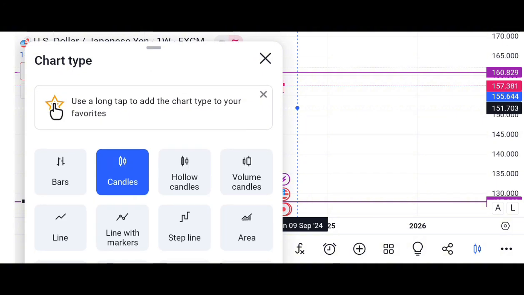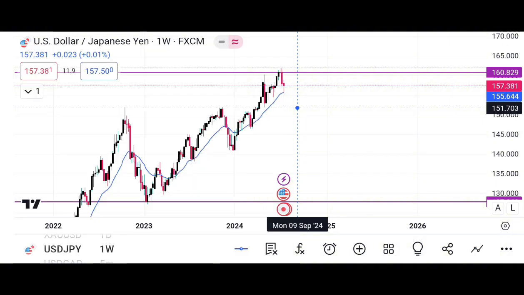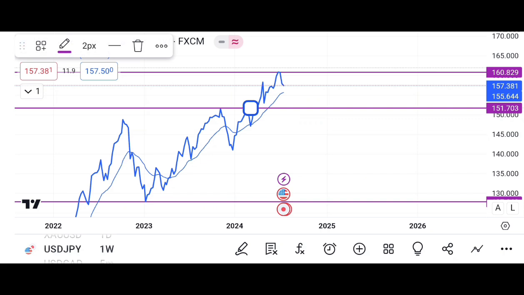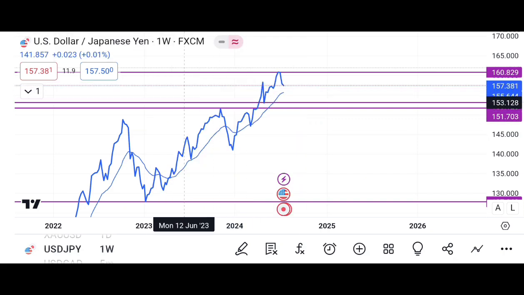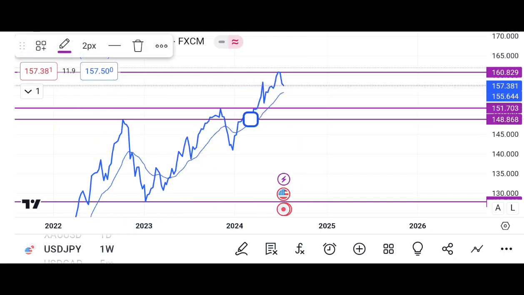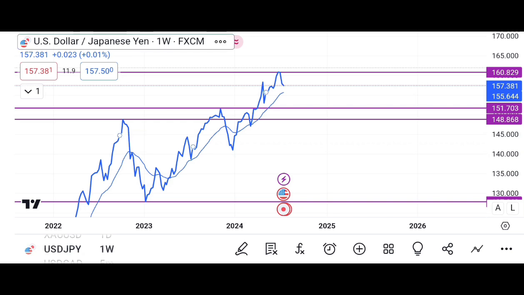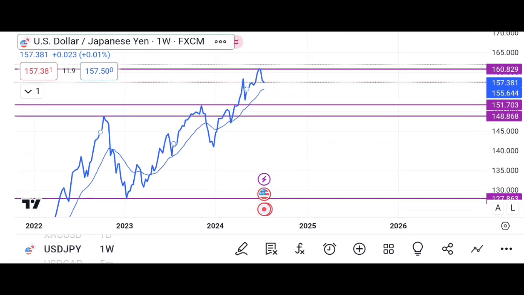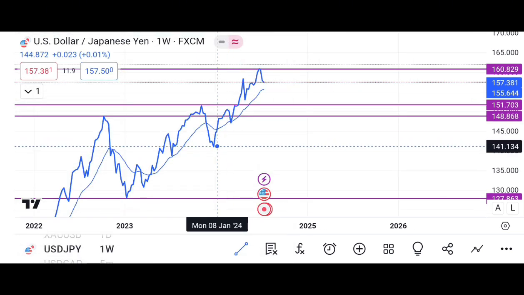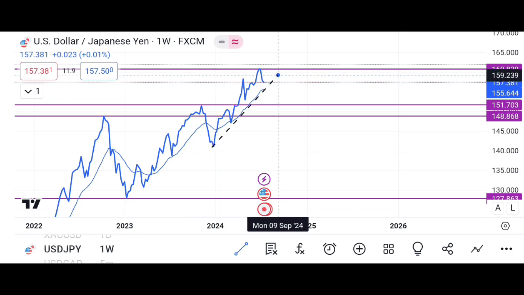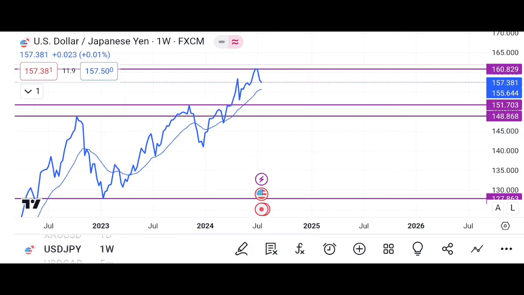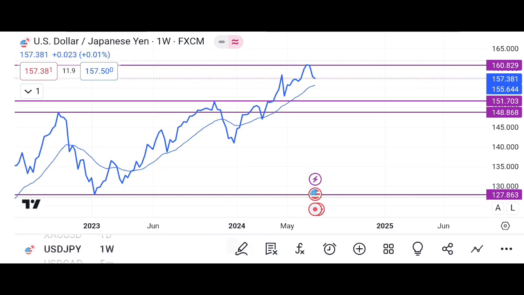Line chart mode first, for accuracy, guys. So the trend is an uptrend on the weekly time frame, but what are we looking for in the weekly time frame?